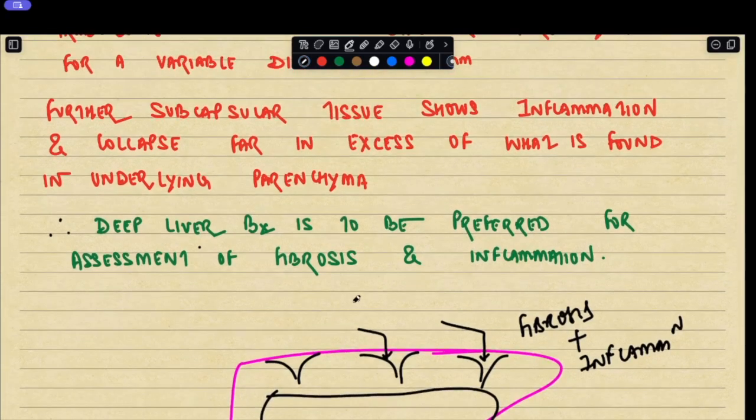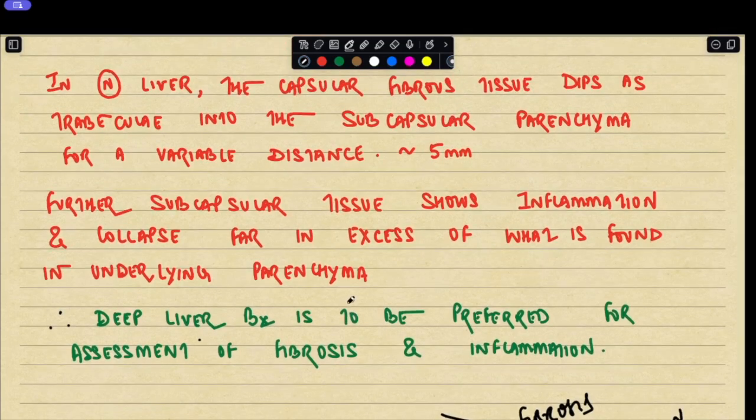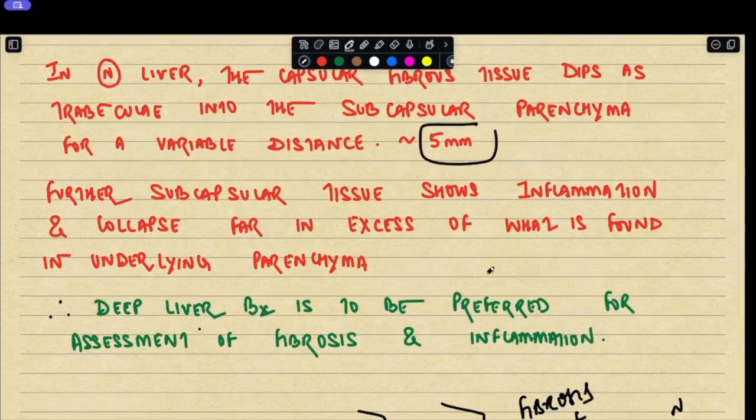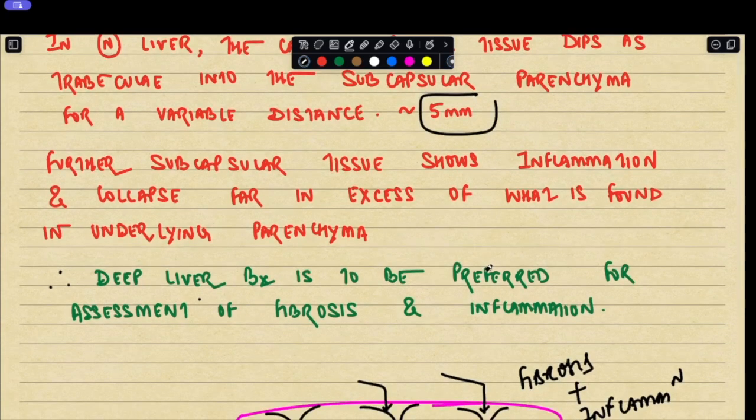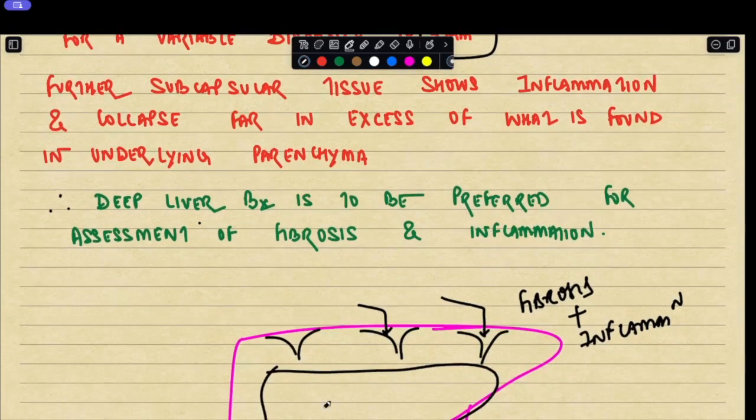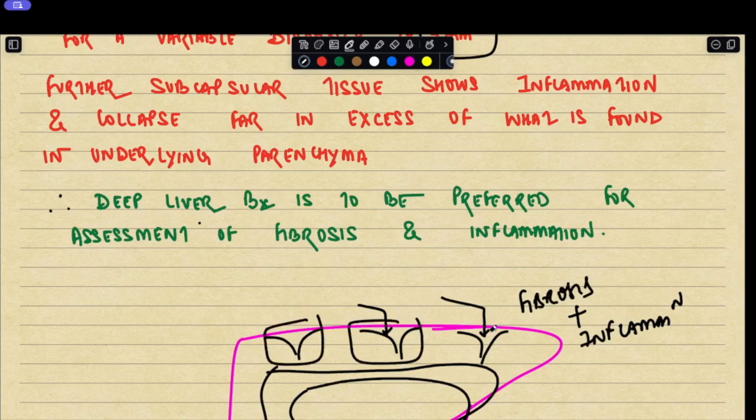Remember this point. In normal liver, the capsular fibrous tissue dips as trabeculae into the subcapsular parenchyma for a variable distance of approximately 5 mm. Further, the subcapsular tissue shows inflammation and collapse far in excess of what is found in the underlying parenchyma. So for example, there may be a mild pathology over here, but in this subcapsular area the pathology is much exaggerated. So the fibrosis and inflammation is far in excess of what is seen in the underlying tissue.